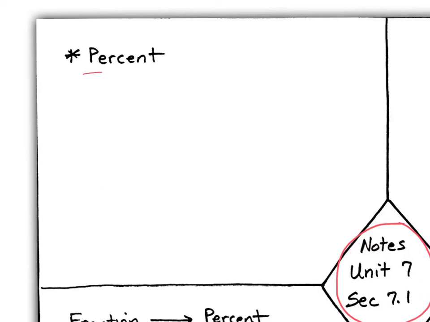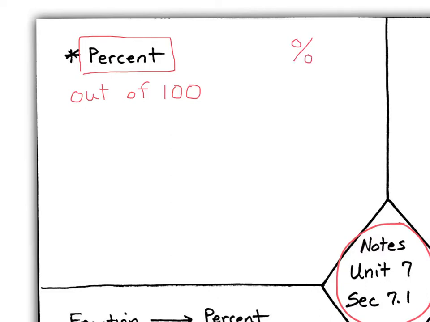So percent is the word of the day. And the definition of percent, what it means, is out of 100. So when you see the word percent, you should think out of 100. Now the symbol for percent looks like that.